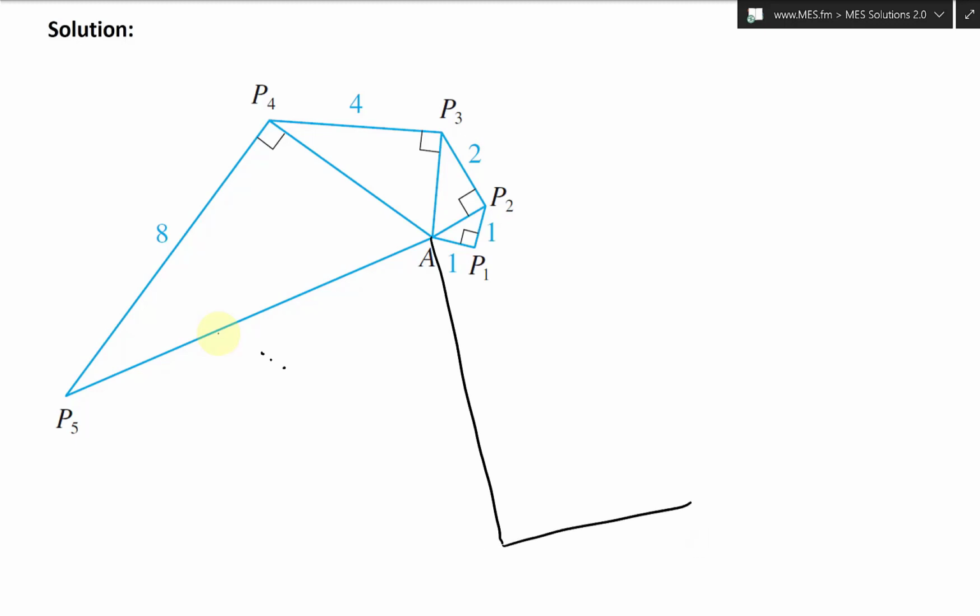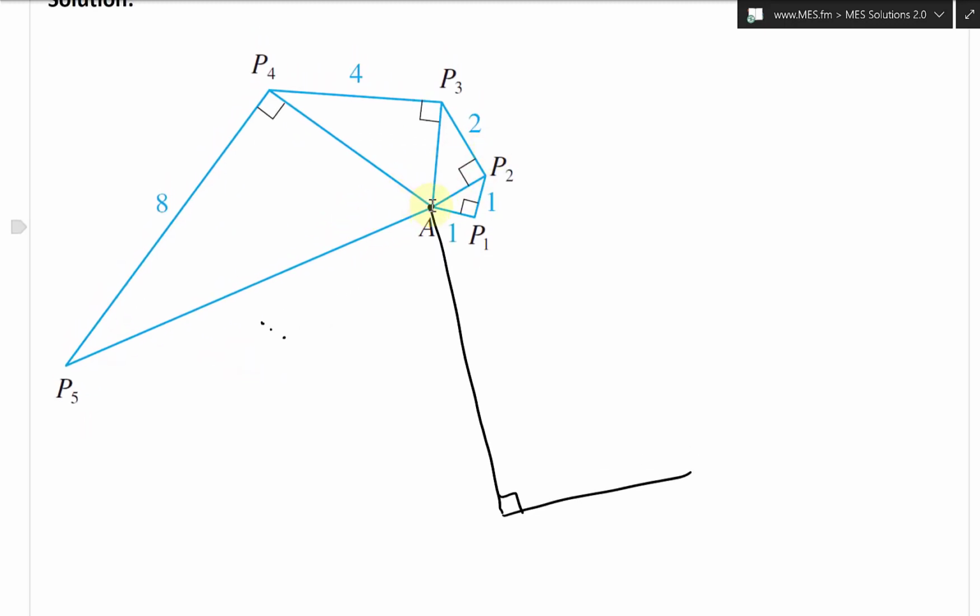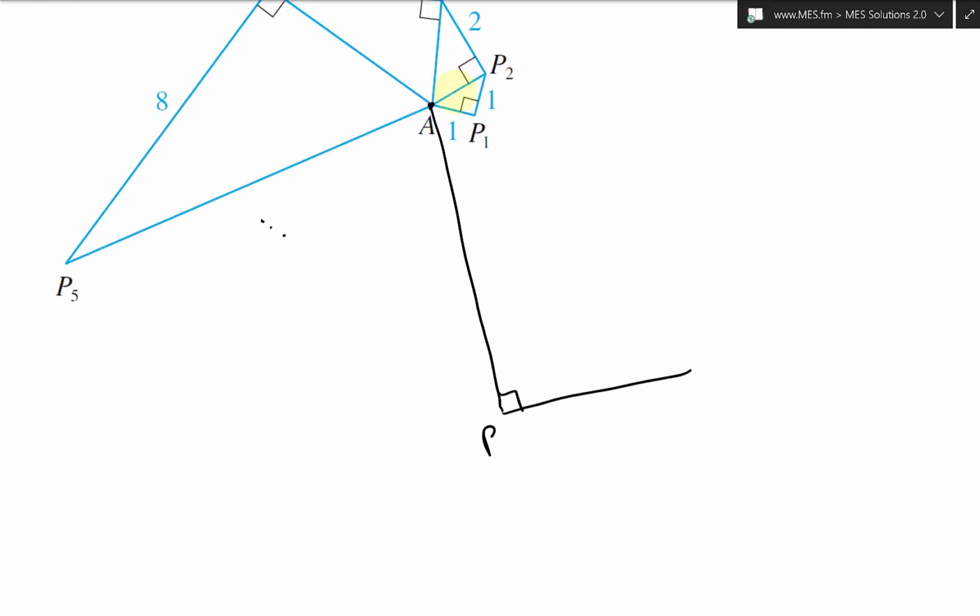So there's the point A. Notice how each time it extends from P2 to P3 there. So this is gonna be our PN point, and then this is gonna be our PN plus 1, and then we're gonna draw a line all the way across here, and we are asked to solve the angle.